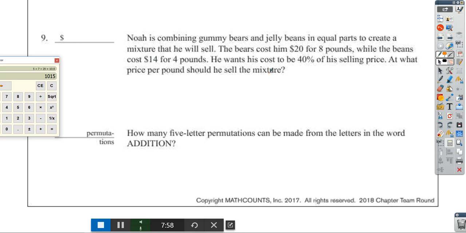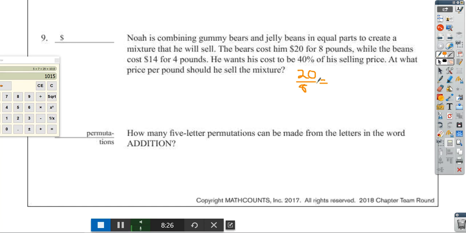All right. So the trick on this one is we have equal parts, and we know that we have 8 pounds here. So we know that for the gummy bears, we have 20 divided by 8.